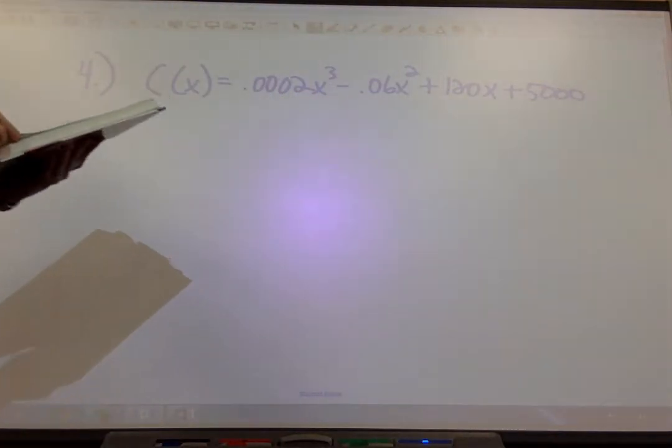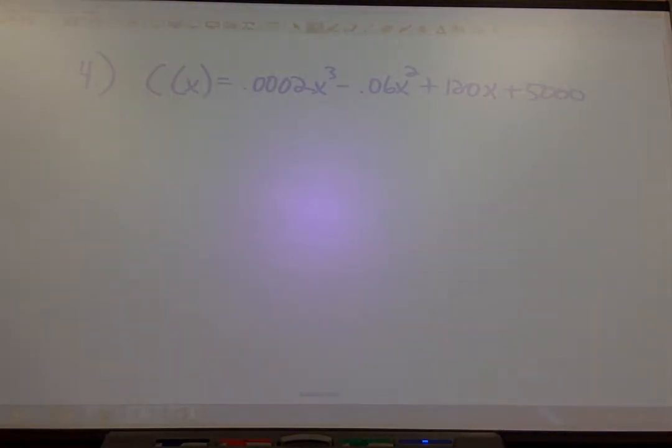Okay. x is the number of units produced, and C of x is the cost in dollars. The questions are on the next page. What is the actual cost incurred of manufacturing the 101st, 201st, and 301st?